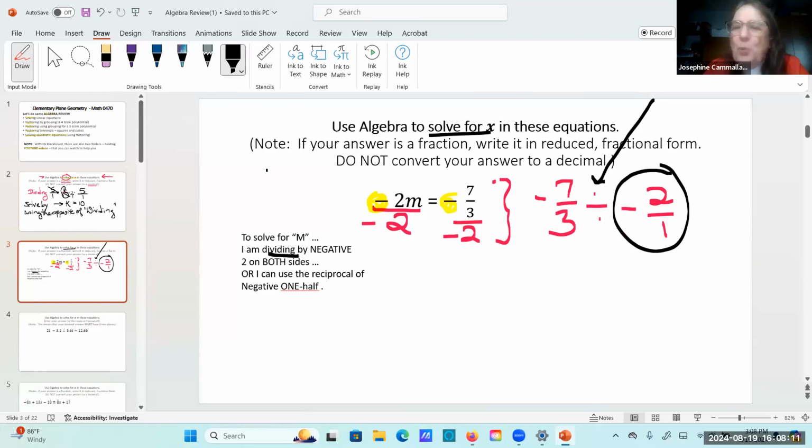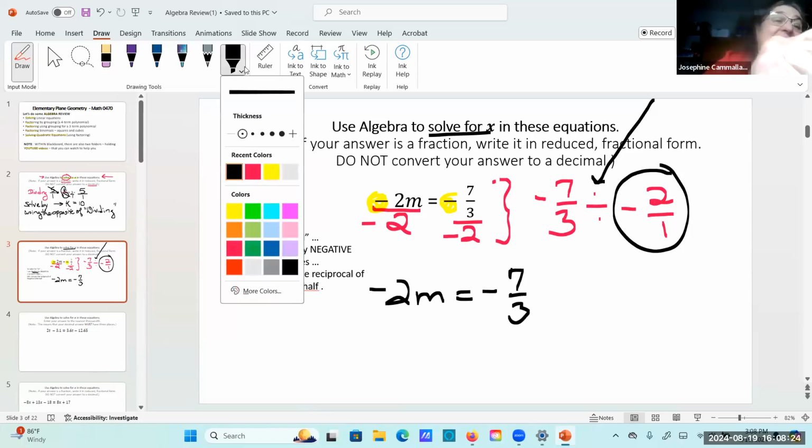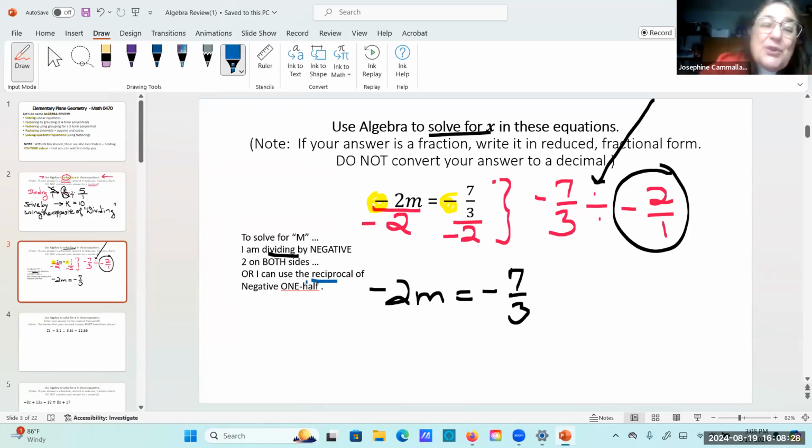But what's the easier way of doing it? Taking -2m is equal to -7/3, and I am going to use the reciprocal, which is negative 1/2.